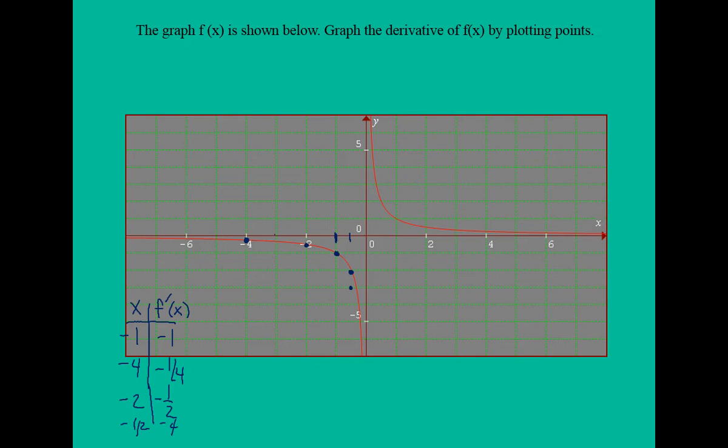Now as we got closer and closer to 0 from the left, you can see the tangent lines are getting very steep. So if I was to connect all of these points, we may have something that looks like this. So that would be our graph, and that's not going above the x-axis because it doesn't become positive. Those are always negative. So for -infinity to 0, that would be our graph of the derivative function.